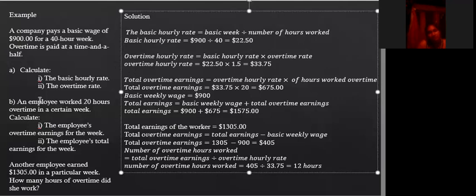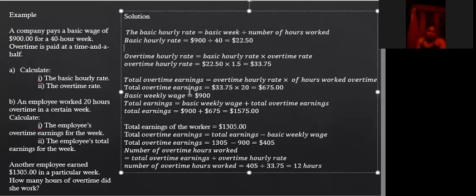Okay, so now we're going on to B. They say an employee worked 20 hours overtime in a certain week. Calculate the employee's overtime earnings for the week. So we know the overtime hourly rate is $33.75. The total overtime earnings would be the overtime hourly rate multiplied by hours worked overtime.